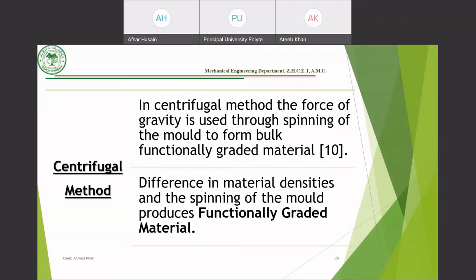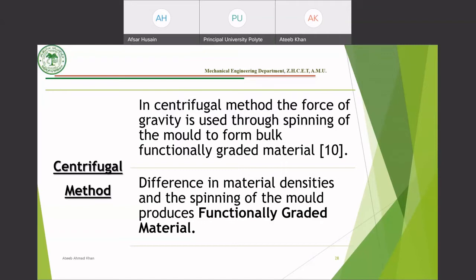Now, as you can already understand from the process, the major disadvantage of this method is that we cannot tailor the performance of the FGM material. Whatever material we get, we get. We cannot change the gradual transition.